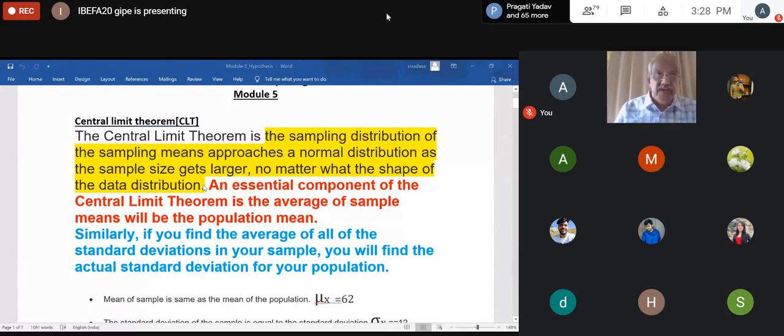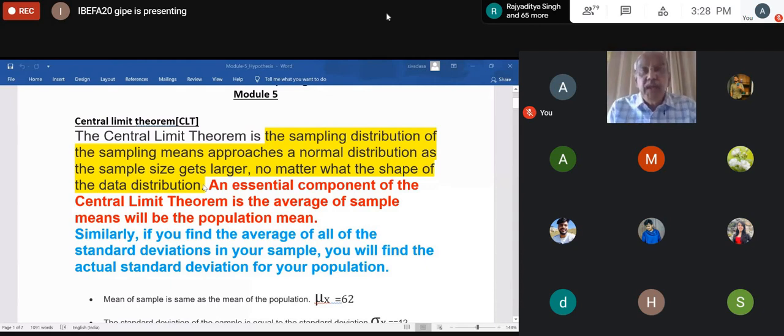Here is my demonstration, section A and B. In section A, the original data is normal and the sampling distribution is also normal.